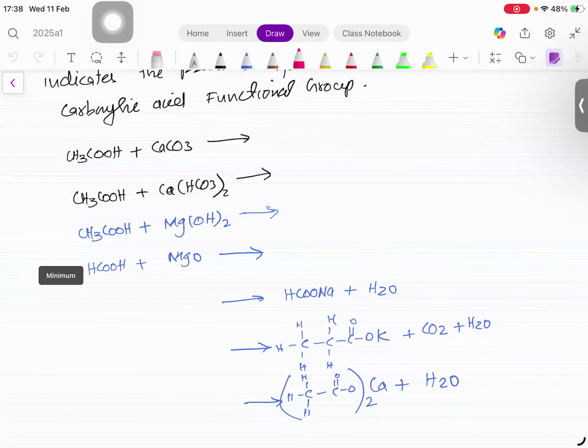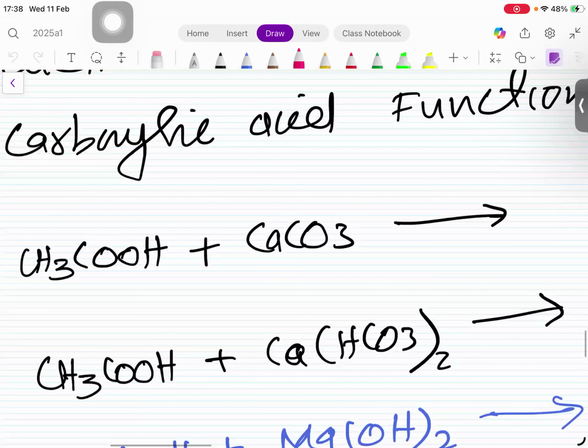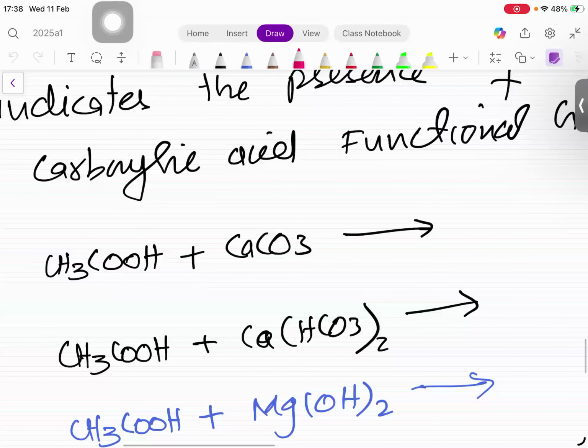Okay, first one, what will the product be when CH3COOH reacts with calcium carbonate? Whenever the metal carbonate... You need to pay attention, just stop your work and pay attention for a while. This is the same thing which you missed in the last class.